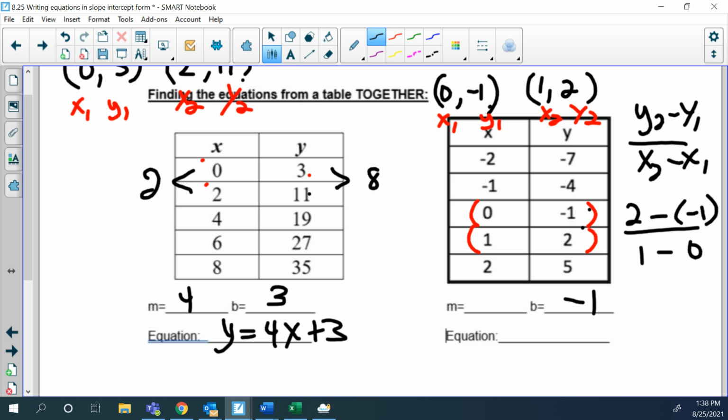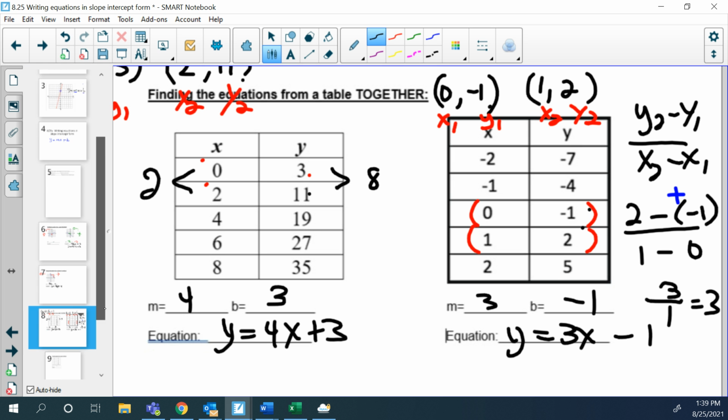So here we have some negative signs now. Remember, when you have two negative signs together, they become a positive. So that's going to give me 2 plus 1, that is 3, over 1 minus 0 is 1, which is 3. So my slope is 3. All right, so there you go. So my equation now is going to be y is equal to 3x plus a -1. But remember now, a plus and a minus just give you a minus sign.